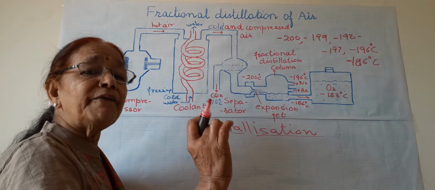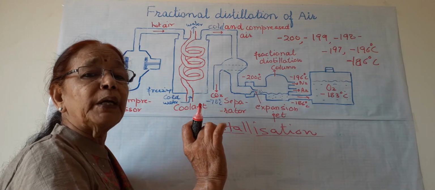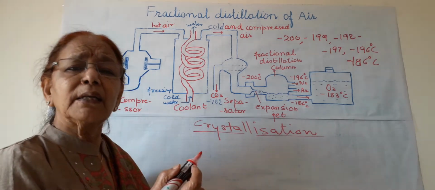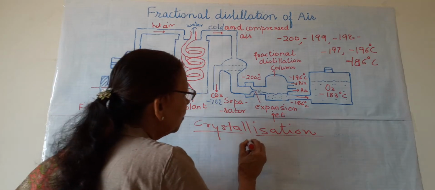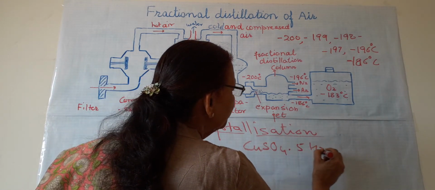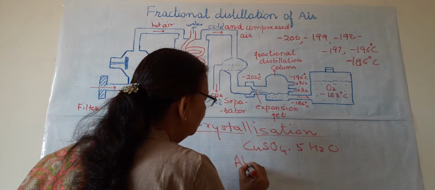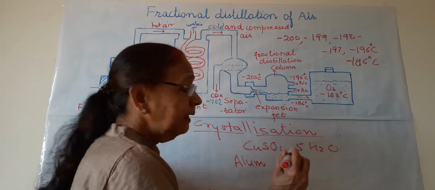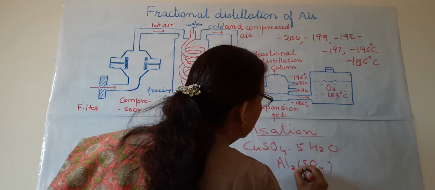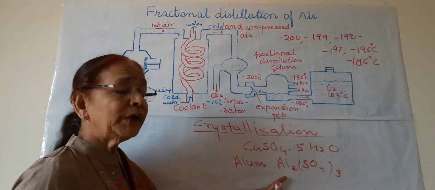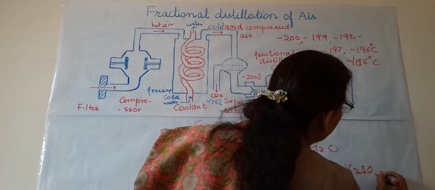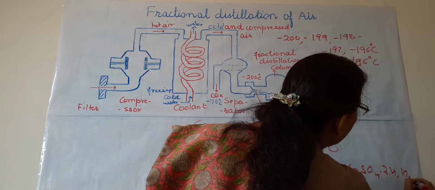Crystals have a definite shape and a geometrical shape. Suppose we have many crystals we know. One is copper sulfate crystal, CuSO4.5H2O. We have alum or Fitkari crystal, Al2(SO4)3, so this is a compound of aluminium, and it also has K2SO4.24H2O.